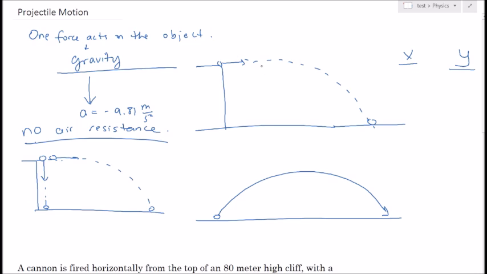So we're going to consider the vertical position of the ball as it goes down, and the horizontal position as it moves across. Here the vertical would look something like this, and the horizontal would look something like this. And we've already established that the acceleration in the y direction is due to gravity.